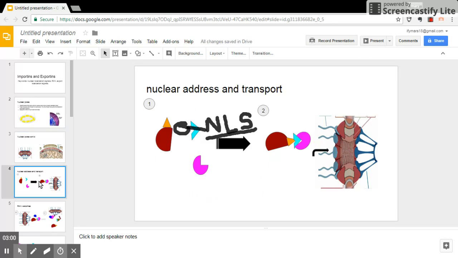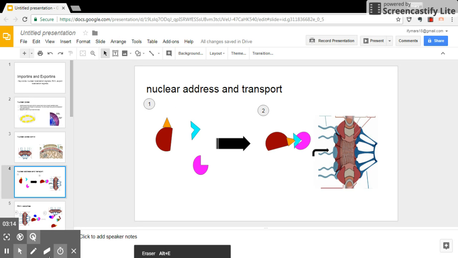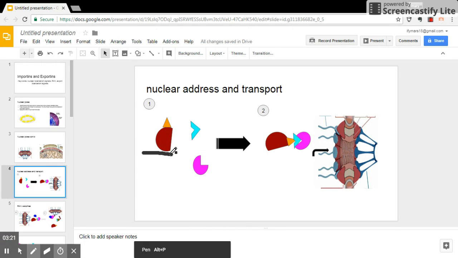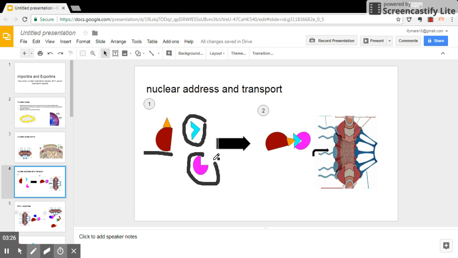In this next slide, we're going to look at the step-by-step process of how larger molecules such as proteins and mRNAs pass through the nucleus. In this case, we're going to look at a protein. So this is our protein. These things, this and this, are called our importins.